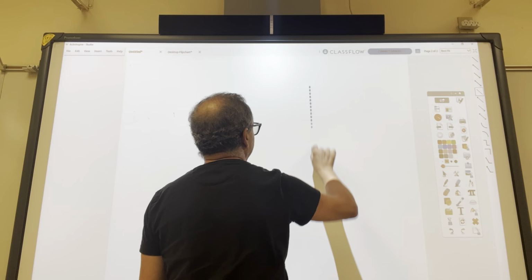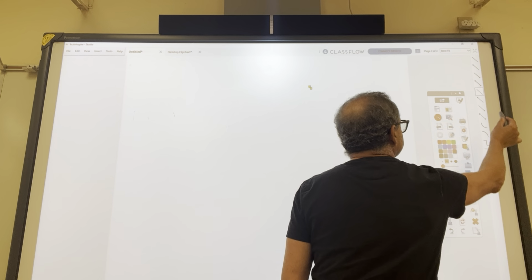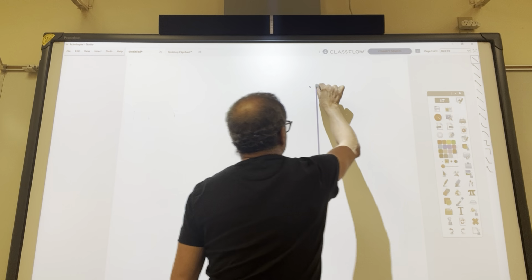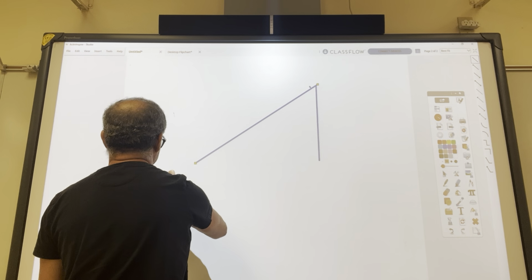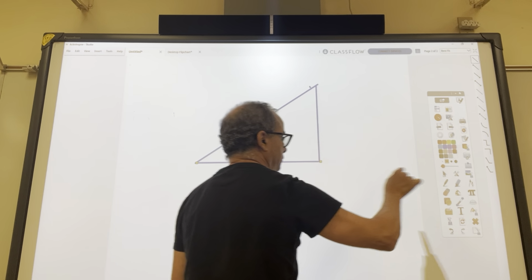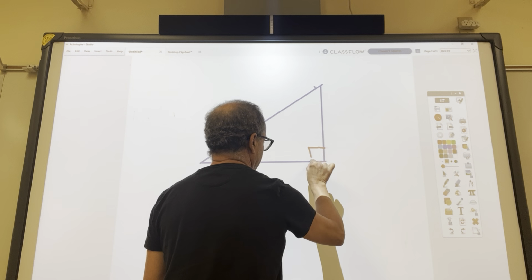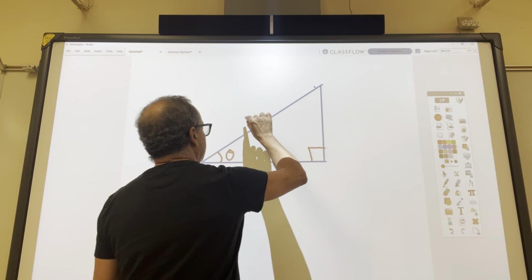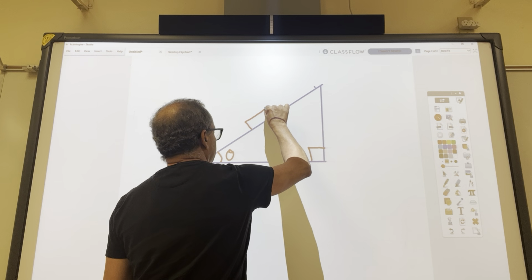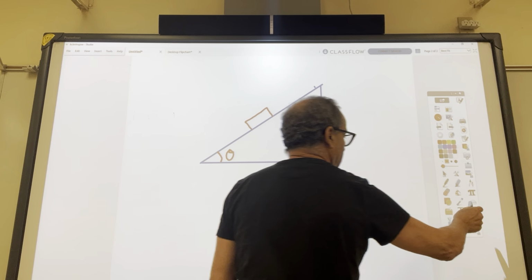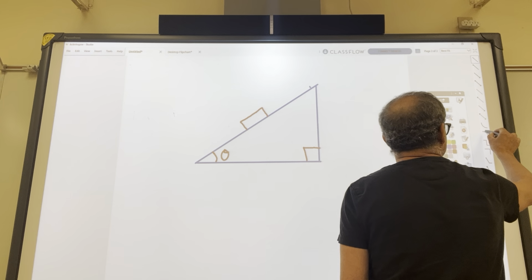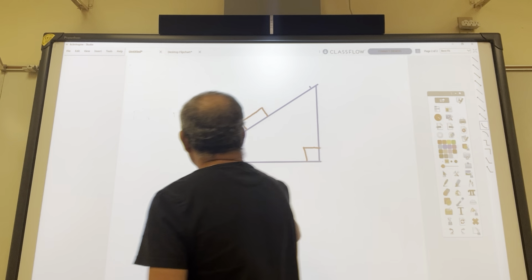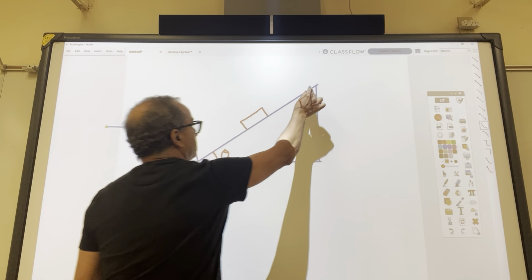So let's say you have a banked curve, and let's say this is the angle, and the car is right here, and this is the road.